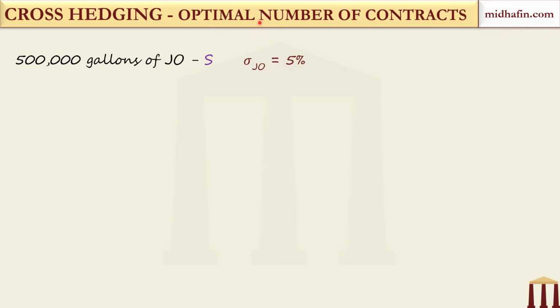You don't have jet oil available in the futures. You find that heating oil is the best contract to use. So this is your futures contract of heating oil, the hedging position. So sigma of futures, F symbolizes the futures, of this futures position in heating oil is 4%. It is also given that the correlation between them is 92%.